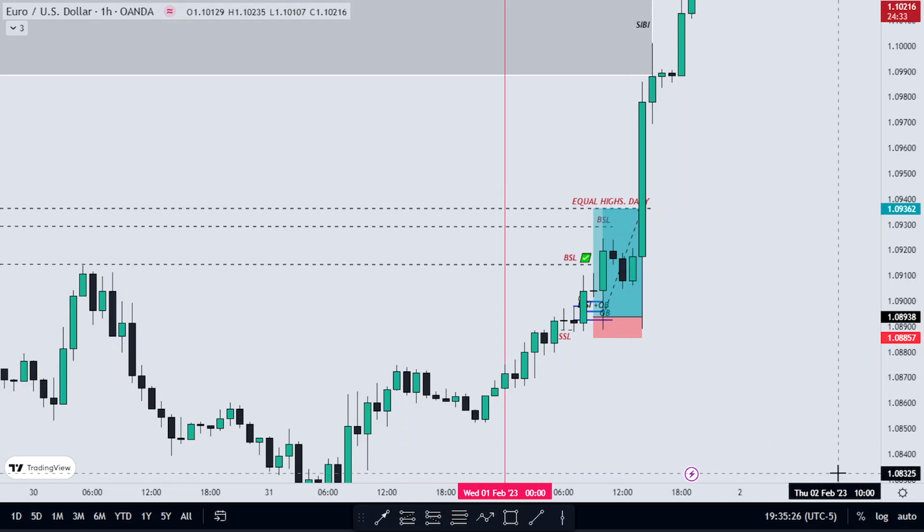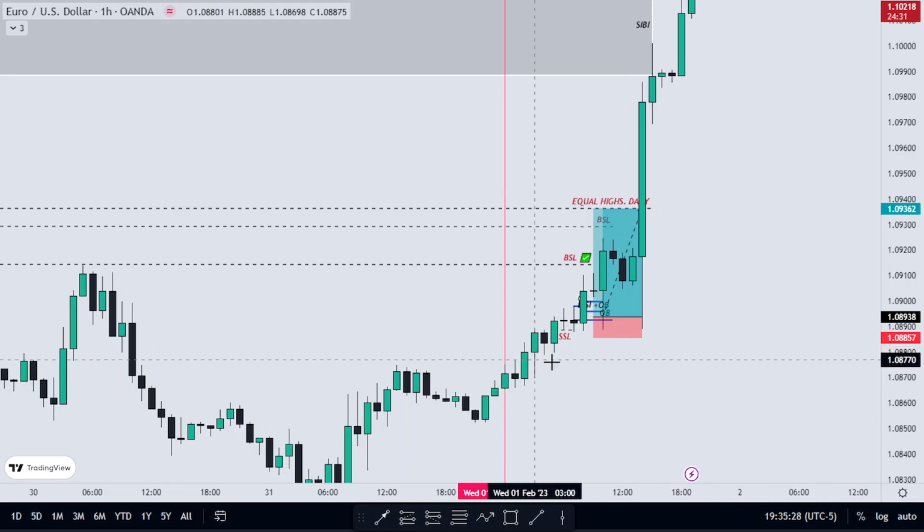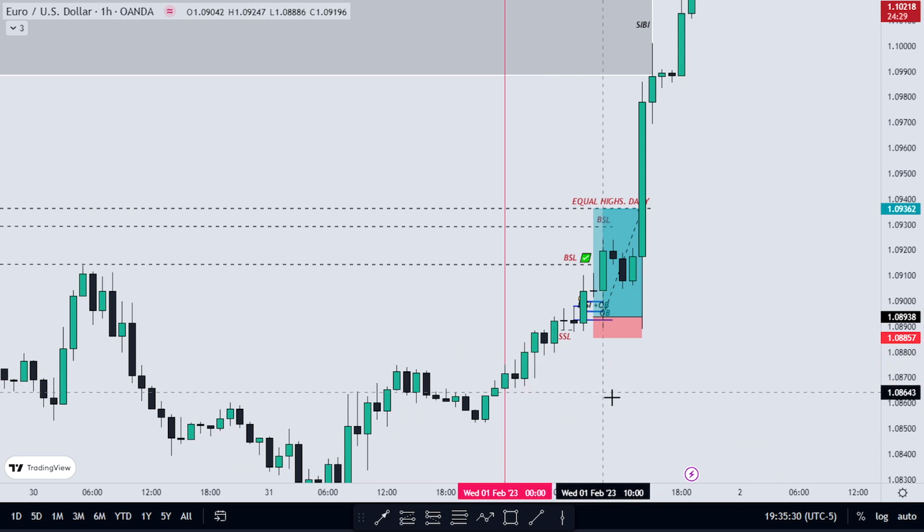So your chart can be set to New York time. 2 to 5 is your landing kill zone. 7 to 10 is your New York kill zone. So landing kill zone, I didn't take any entry.